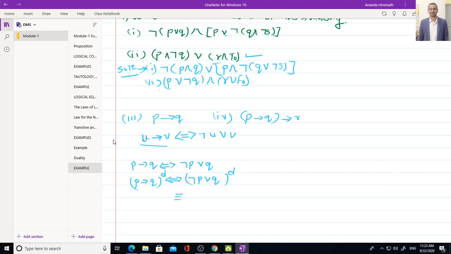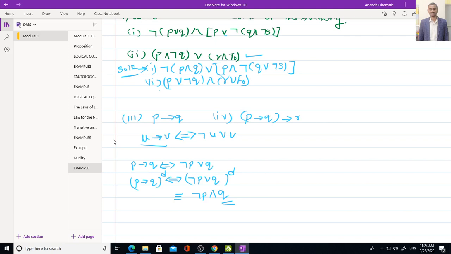This can be written as not P as it is, instead of OR we should write AND, then Q as it is. This is the required solution for example number 3. I repeat it: you cannot replace the conditional symbol by some other symbol directly in the dual, so we should convert it into this form. If U conditional V is there, then not U or V, this form should be used. Then you can convert it into the dual form.